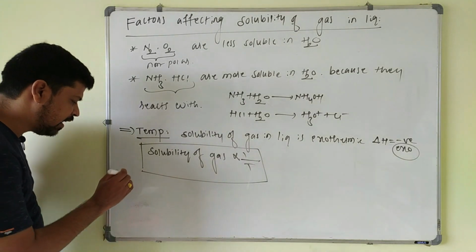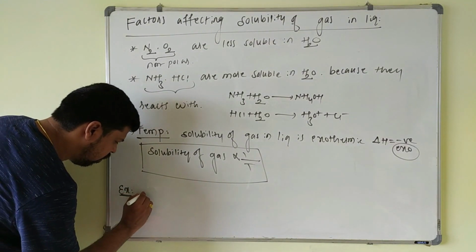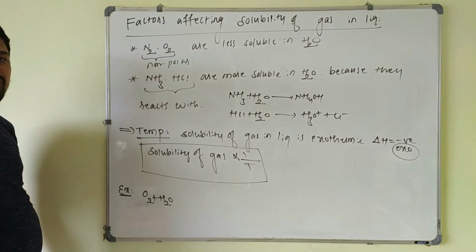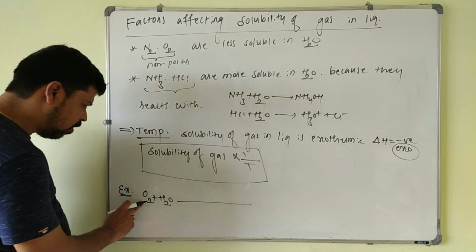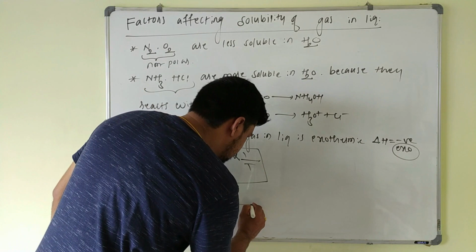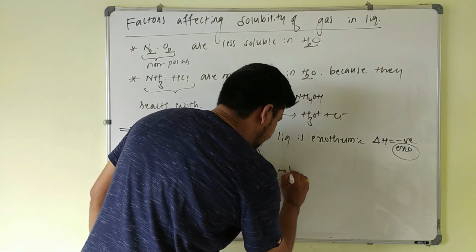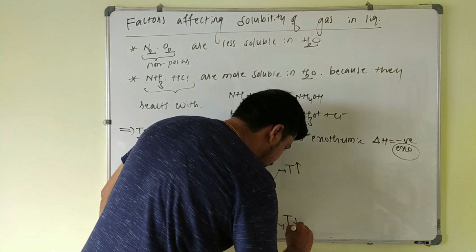So for example, if I take the solubility of oxygen in water, we already know that some amount of dissolved oxygen is present in water. For the solubility of this oxygen in water, there are two possibilities I will take here: first is high temperature and another is low temperature.